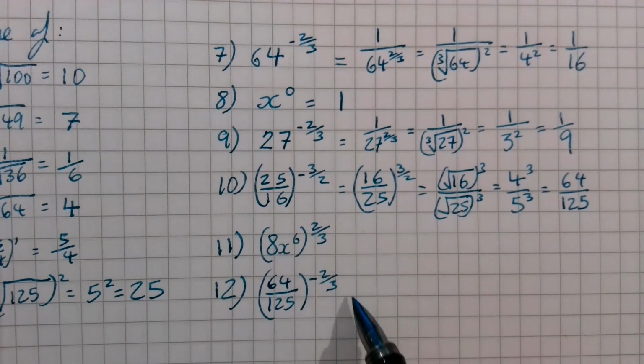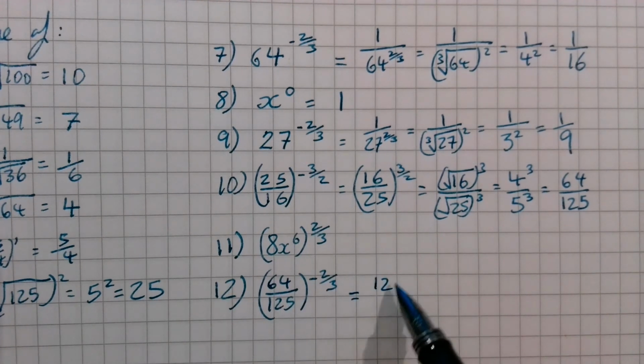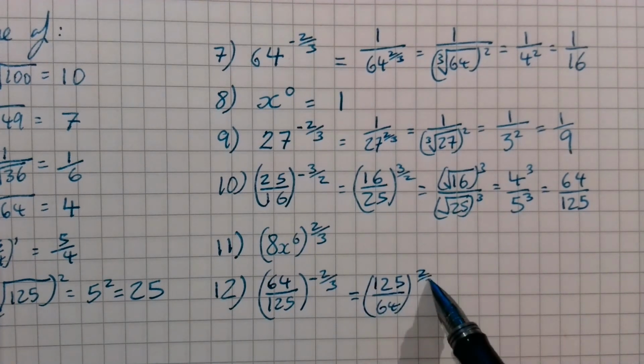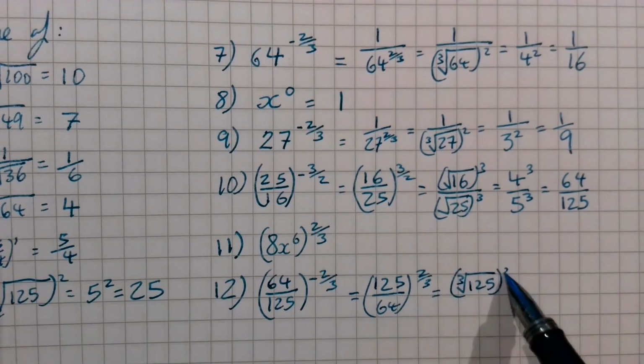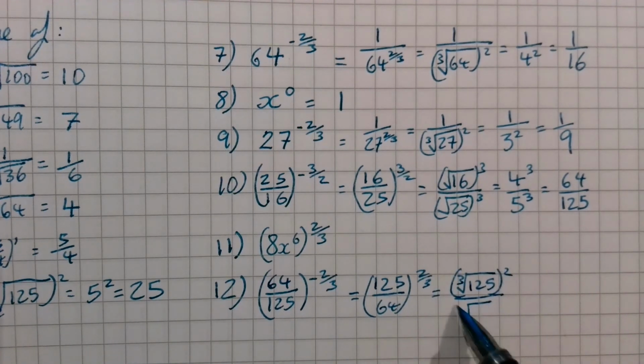I'm going to nip down and do number 12 before I do 11, because look at that. Those numbers are the same, aren't they? Turn that over the other way up, 125 to 64, and turn it positive. And it's cube root and then squared this time. Cube root and then squared.